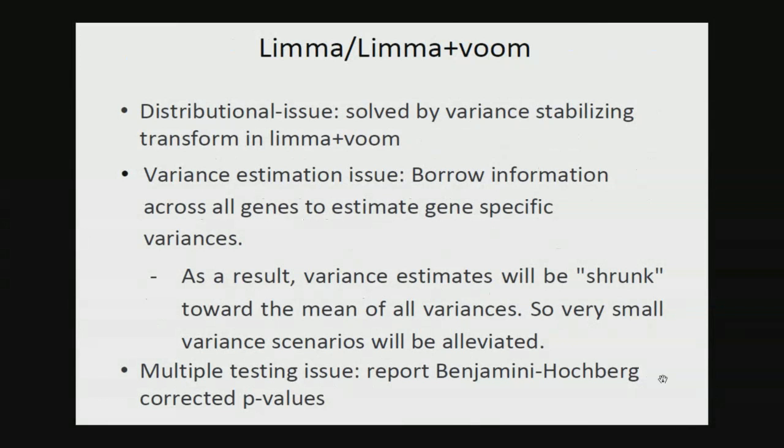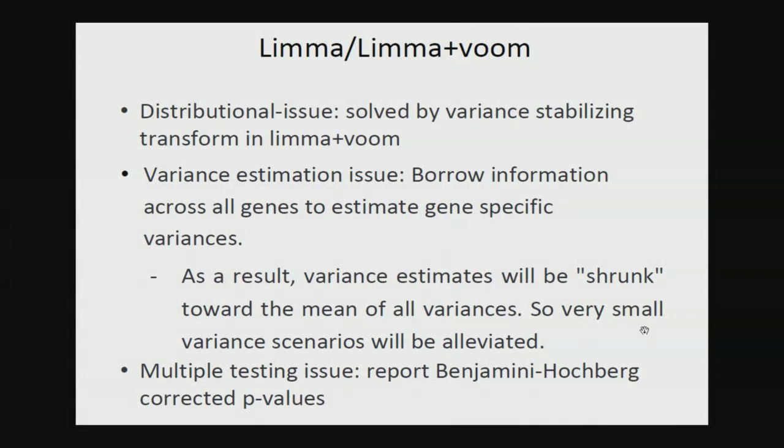Oh, it should be the very small variance scenario that gives a very large test statistic. Sorry, this is a typo. So the idea is to make the small variances a little bit larger and the large variances a little bit smaller, kind of meeting in the middle ground.